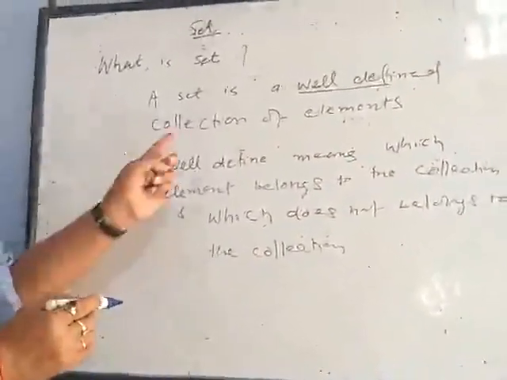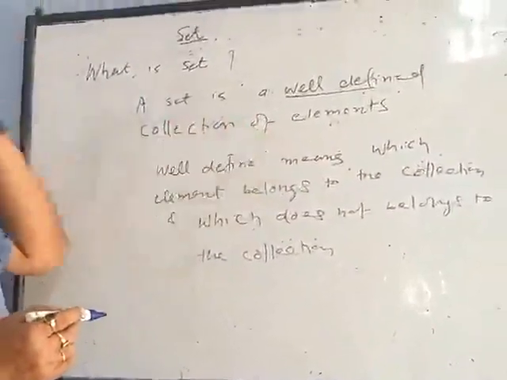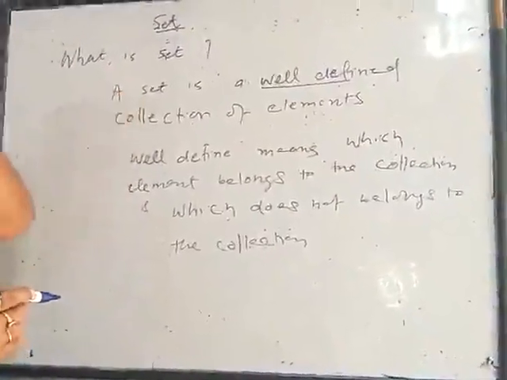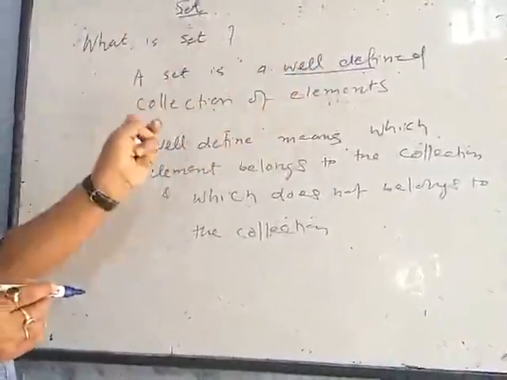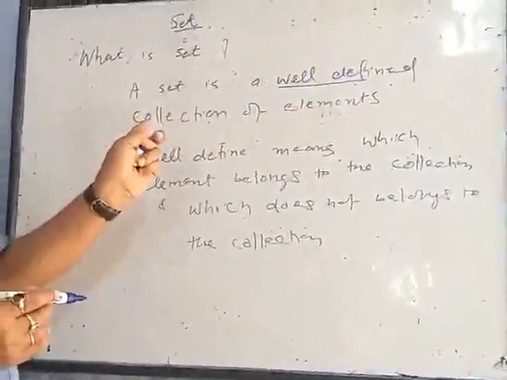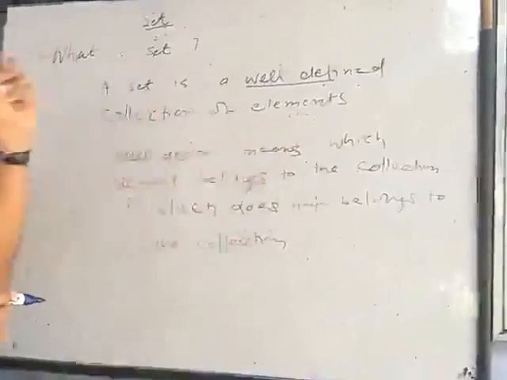So a well defined collection is only called a set. A collection which is well defined is called a set. The collection which is not well defined is not a set.